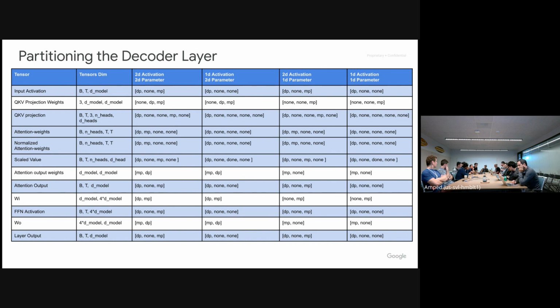And if you want to achieve the best performance, you want to pick the one that fits your scenario the best and then enforce that, and then the compiler will insert the right collective to make sure that after the results are produced, each device will still have the exact local shard that you expect to have. Yeah, so that's one very important lesson we learned.